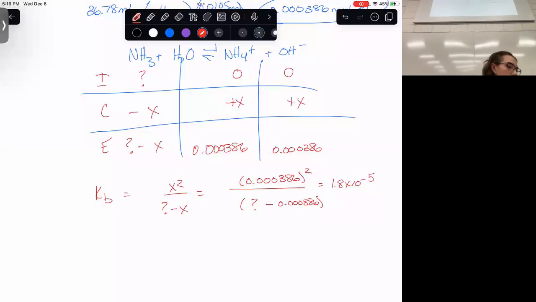Yep. We can do the shortcut. This can become 0. We can assume that that's 0. So you can solve for question mark. What do we get for question mark?